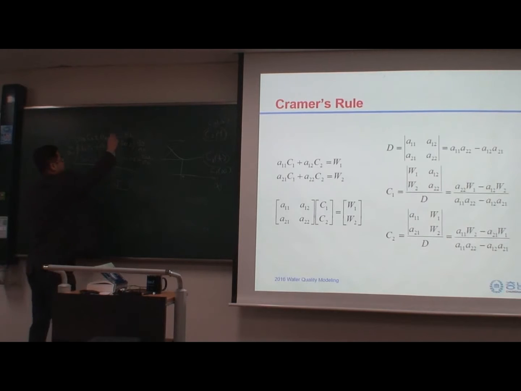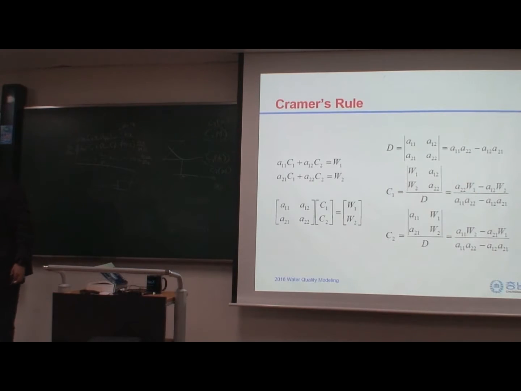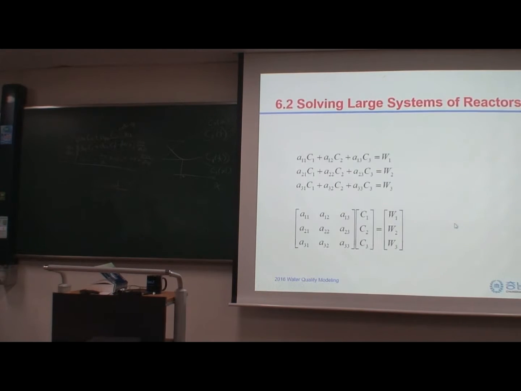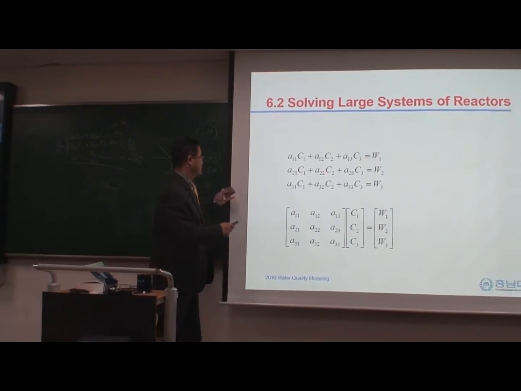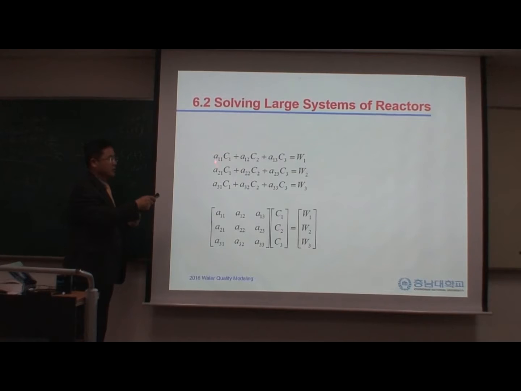But if you have one more, let's say A13, C1, and C3, and then this, let's see if I have it here. For a 3 by 3 matrix, we need more time, right? We have to reduce this equation somehow like this. And we can use the same principle here. We can multiply A11, A21, and then make these two constants the same, and then subtract each other.